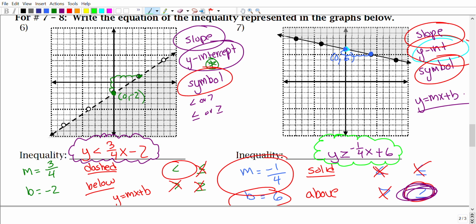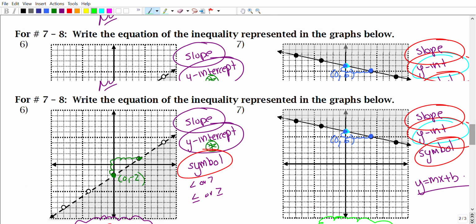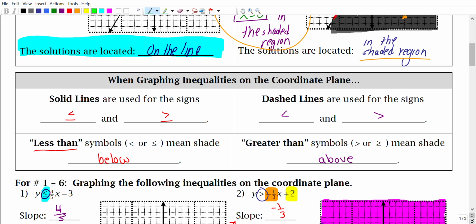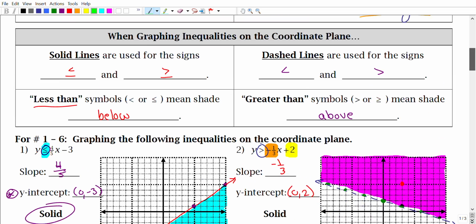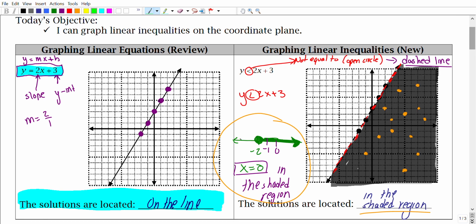All right, guys. Let me just recap what we did today. We talked about how graphing linear inequalities is very similar to graphing linear equations. The two lines look very similar. However, sometimes we'll have dashed or solid lines, and then we will also have shading.